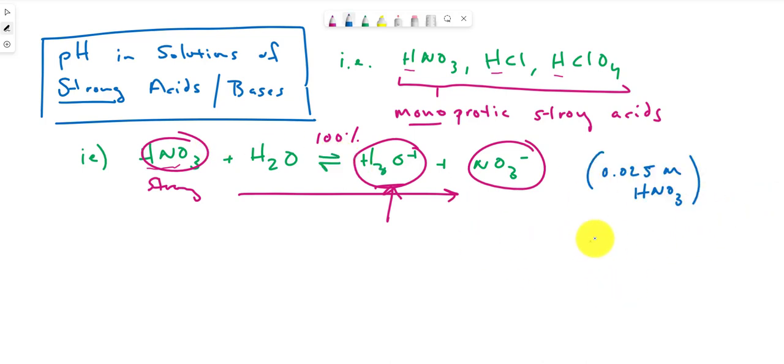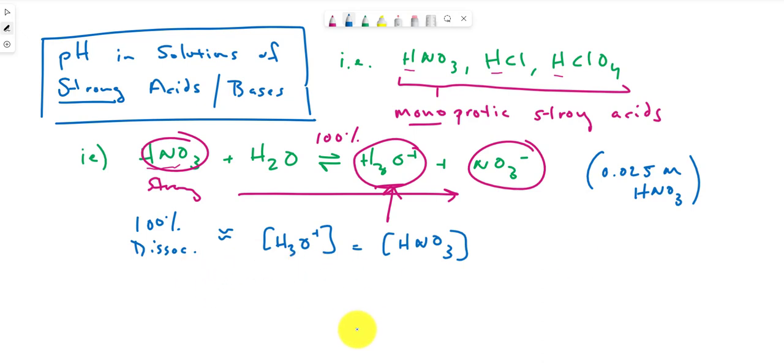So let's pretend that we have a solution of 0.025 molar HNO3 in water. That's a strong acid. Conceptually, that's 100%. It's going to totally dissociate. So what's the pH of this system? Well, we just said the pH is the negative log of that hydronium ion concentration. So how can we go from the concentration of this thing to the concentration of this thing, knowing that it's going to dissociate 100%?